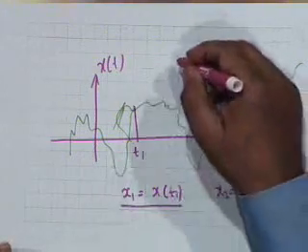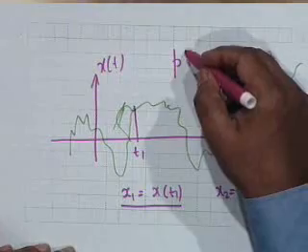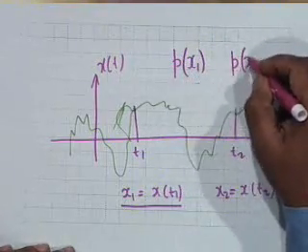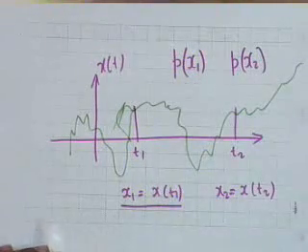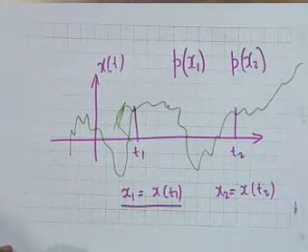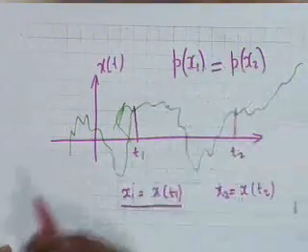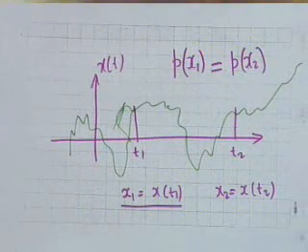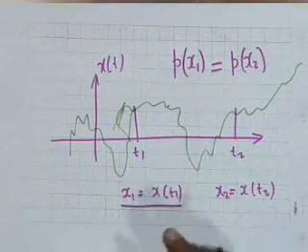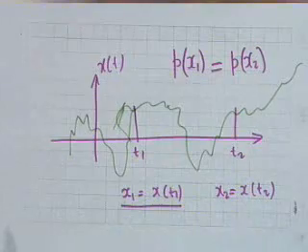Now, the probability density function can be defined for x1 as well as for x2. A stationary process is one in which these are equal. That is, the probability density function for a single random variable. I emphasize this: there is a single random variable that we are considering.